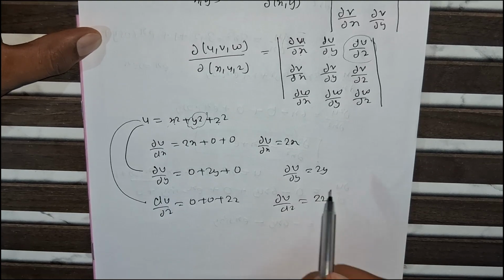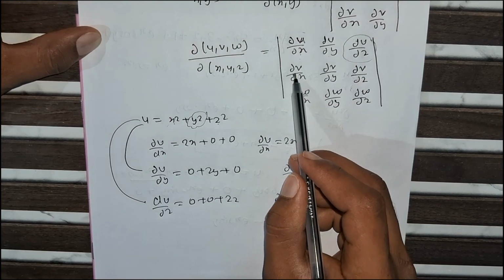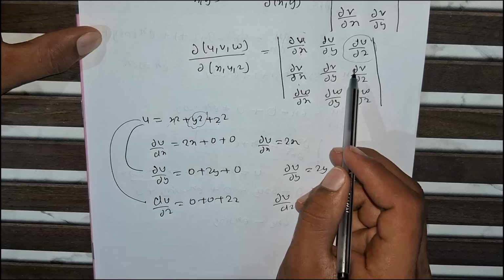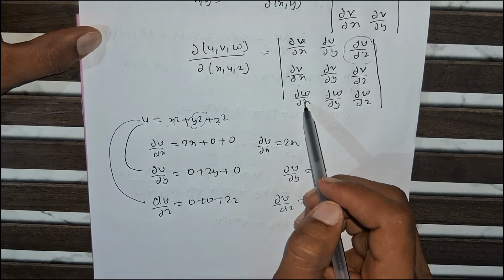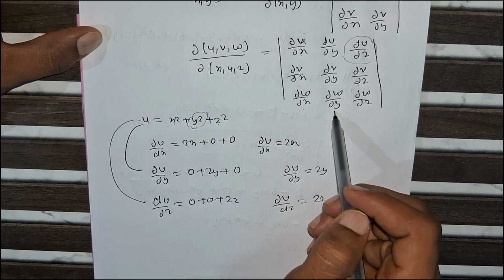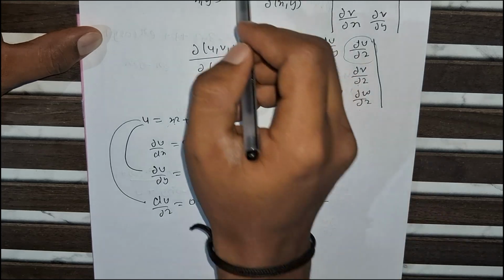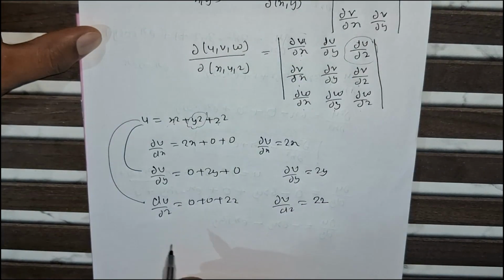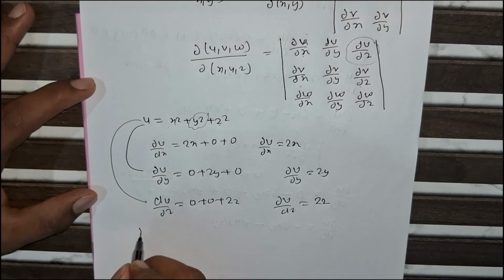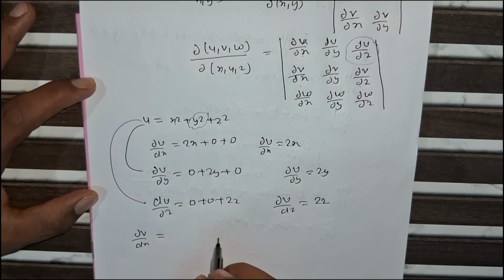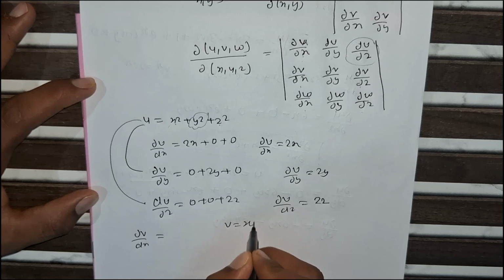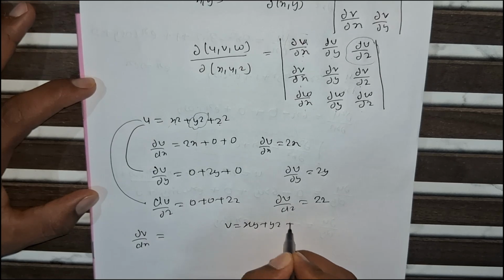Like that we have to differentiate del v by del x, del v by del y, del v by del z for v, and in the other case del w by del x, del w by del y, del w by del z for w. So I'll do it. Del v by del x, what is the value of v? V equals xy plus yz plus zx.